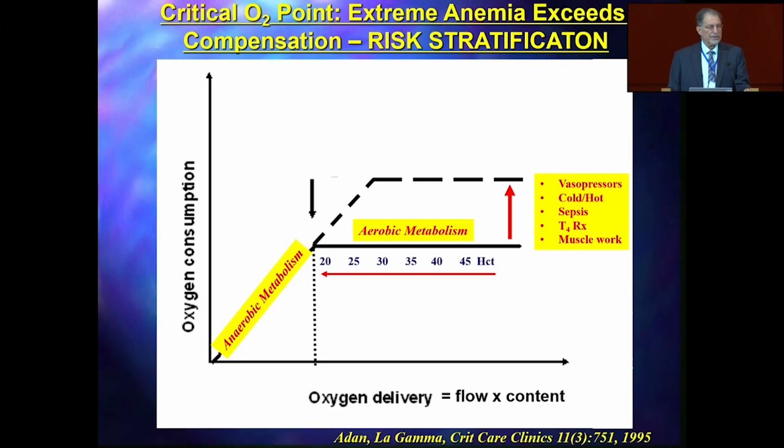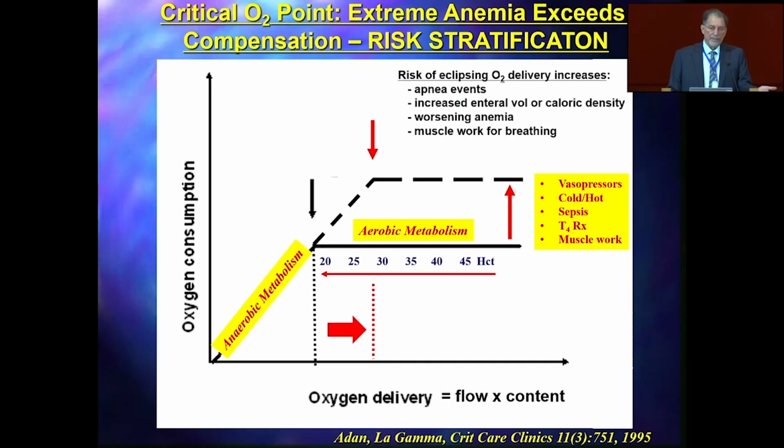In any case, when you raise the oxygen consumption, what you do is shift that critical O2 point, and when you shift that critical O2 point, you may shift it to a place where perhaps hematocrits at 28 no longer are sufficient to maintain oxygen delivery, because at that stage, you've already hit that point where if anything happens, baby has a few apneic events.